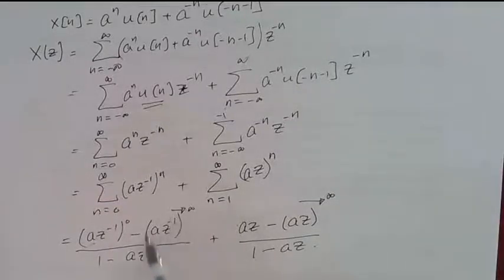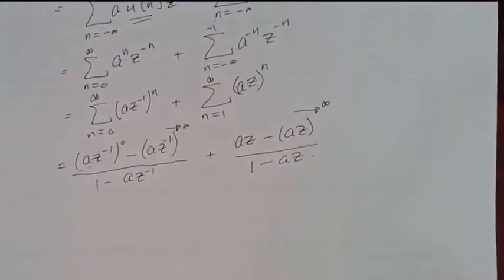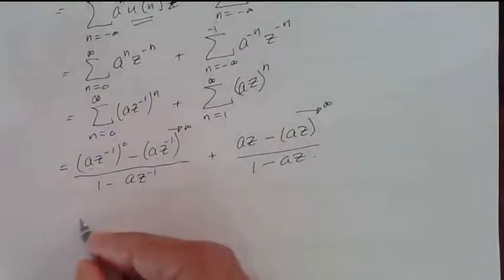Right, so for this thing to converge, I have to have the magnitude of a z to the minus 1 be less than 1. For this to converge, I have to have the magnitude of a z be less than 1. Okay, so let's figure out what values of z are okay with that. So I have two conditions.